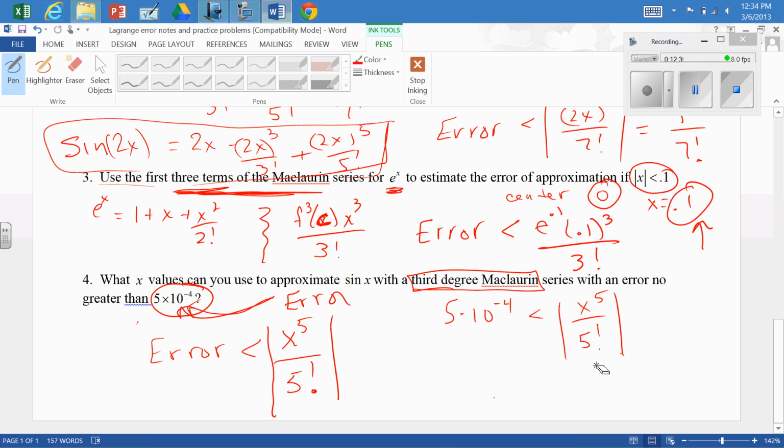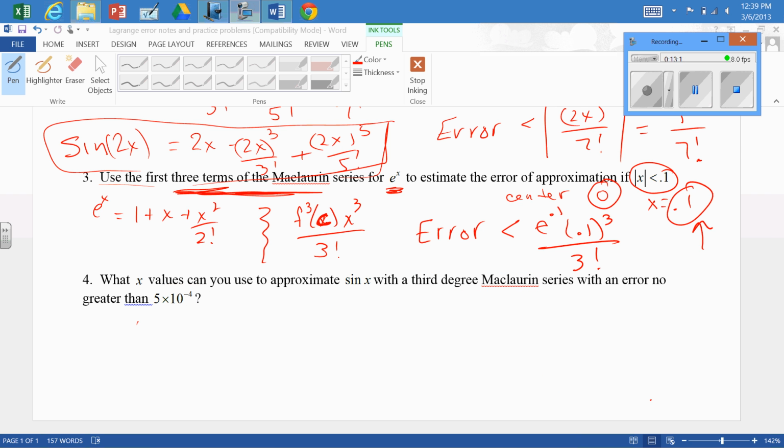Let's just shift this around. We know that the absolute value of x to the fifth is going to be greater than 5 factorial times 5 times 10 to the negative 4. All right, and then we need to, I'm really messing this up. We're going to start over again. Okay, you guys, major brain freeze. Sorry. We're going to start this over again.